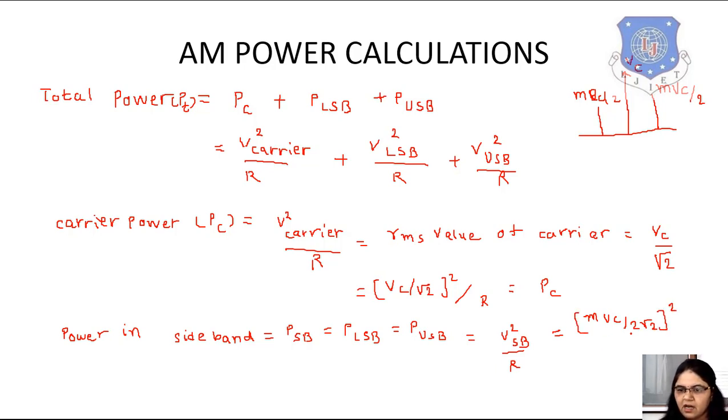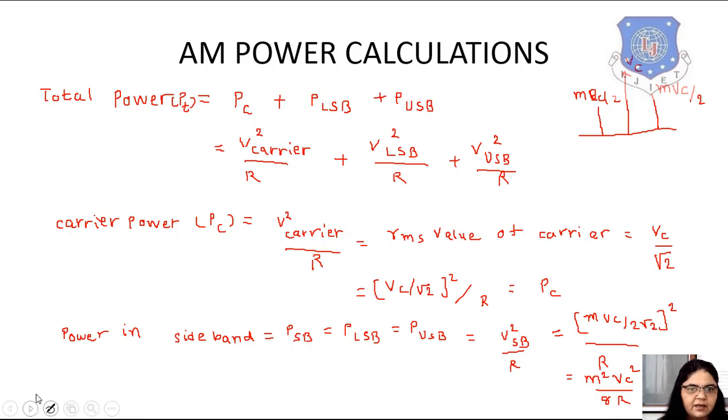So this is again whole square upon R. So this value is m square Vc square, 2 square is 4, root 2 square is 2, so 4 twos are 8. So this value is 8R. So now we know that PLSB is m square Vc square upon 8R, PUSB is again this, and the carrier power is this.